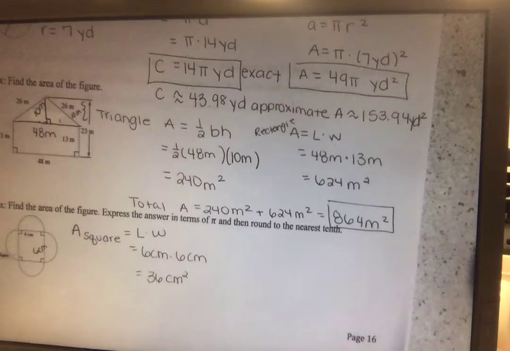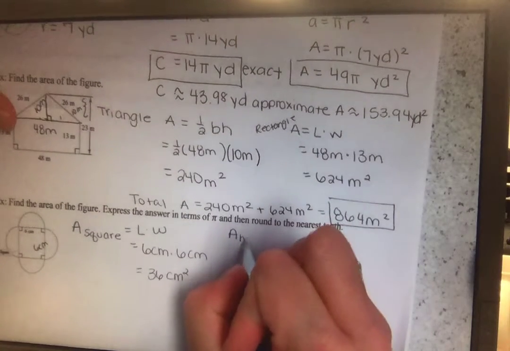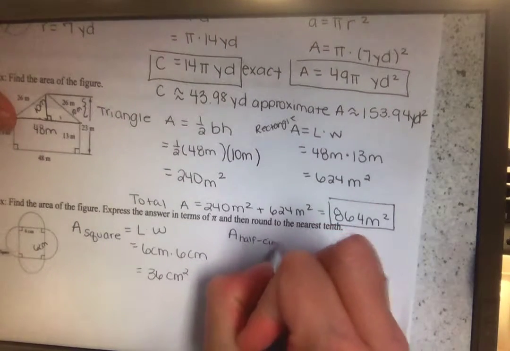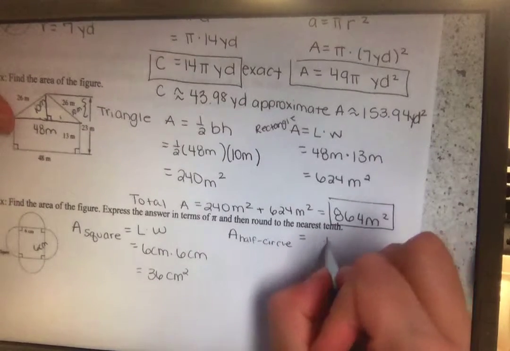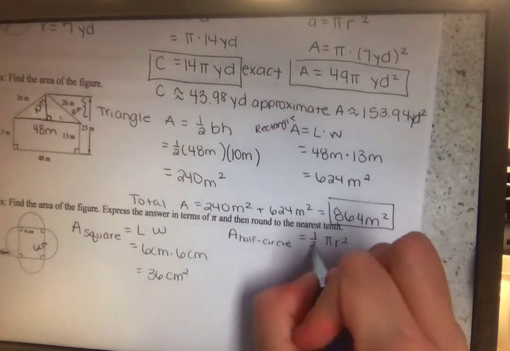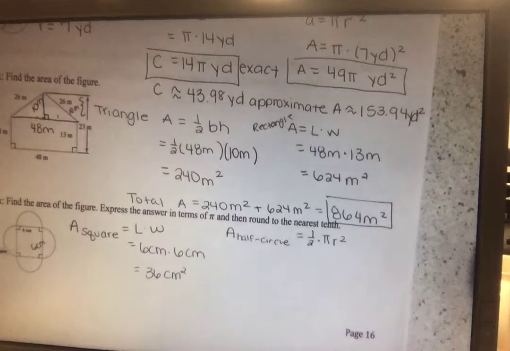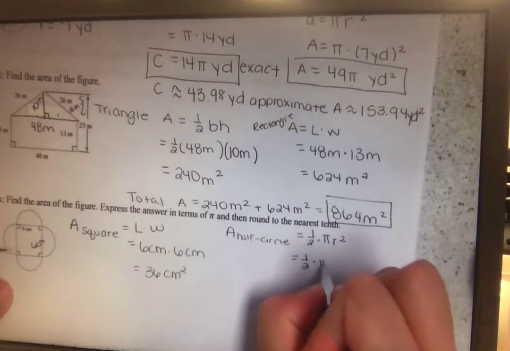And then we have these half circles. So the area of the half circle. The area of a circle is pi r squared, and it's only half of a circle. So we're going to do 1/2 times the area of the full circle, which is pi r squared. So 1/2 times pi.